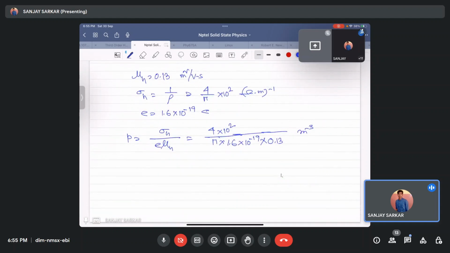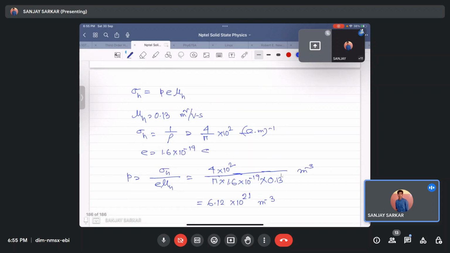So let's calculate it. 4 by pi into 1.6 into 0.13, so 6.12 into 10 to the power 21 meter cube inverse.